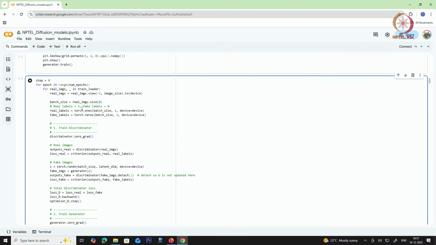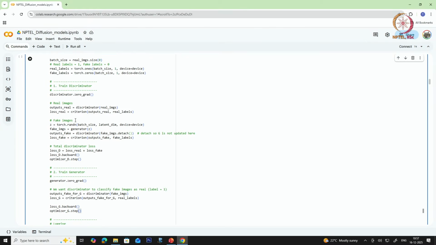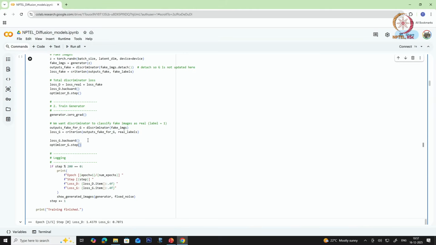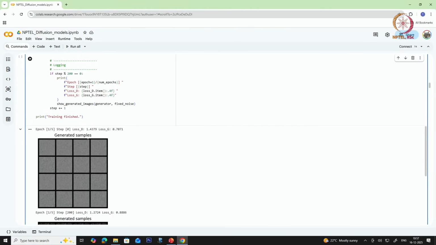You can understand that this entire loop is doing a sequential, alternate optimization of the discriminator network and the generator network. This loop will continuously iterate, and you should be able to generate real looking images, right?